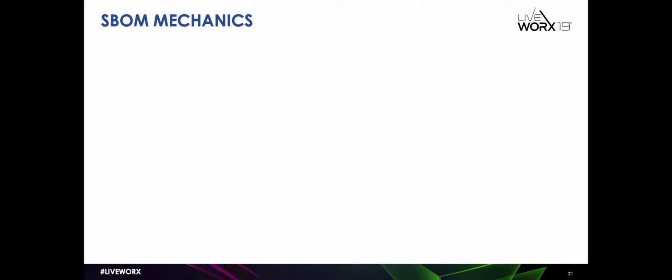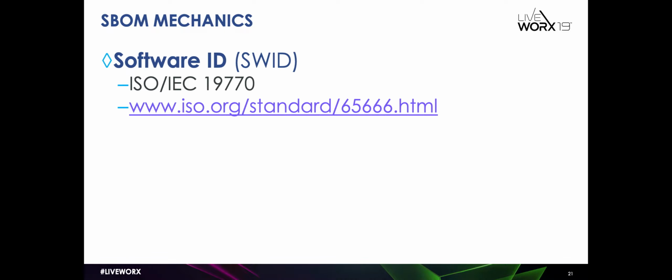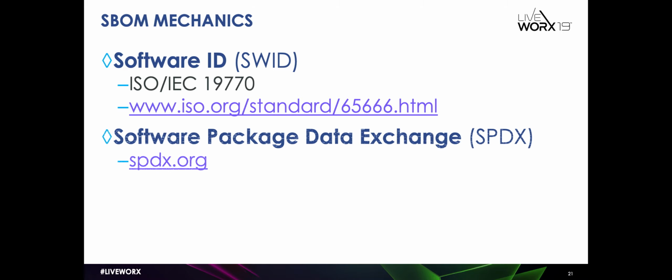A little bit on SBoM mechanics. There's an ISO standard on something called a SWID. It's not designed for as many of the use cases as I described. In fact, it was designed specifically for asset inventory. It was designed mainly for proprietary software. And SPDX, or Software Package Data Exchange, was designed mainly for open source software, and was mainly designed associated with licensing.